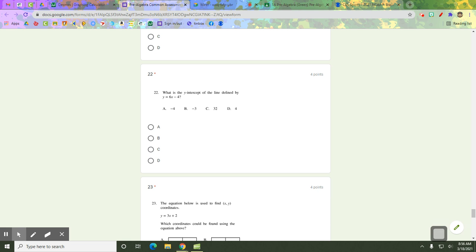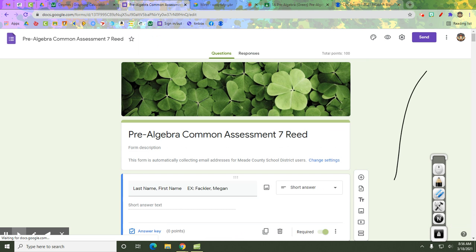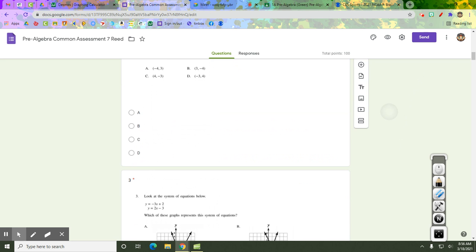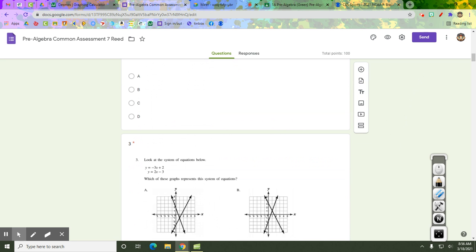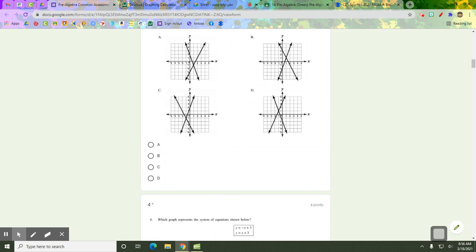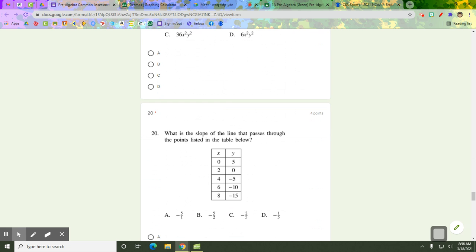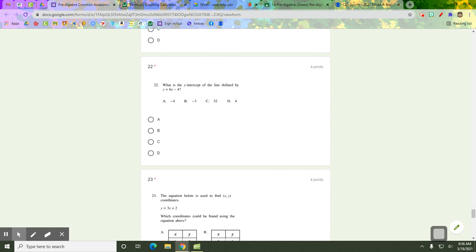If you actually write y equals mx plus b underneath of it, that'll probably help you out.